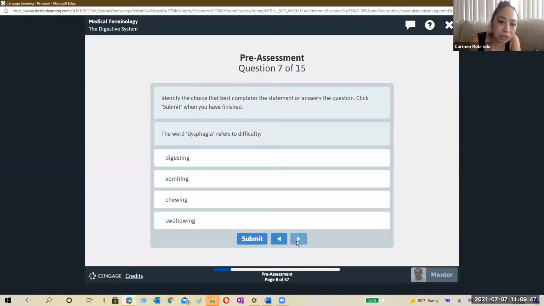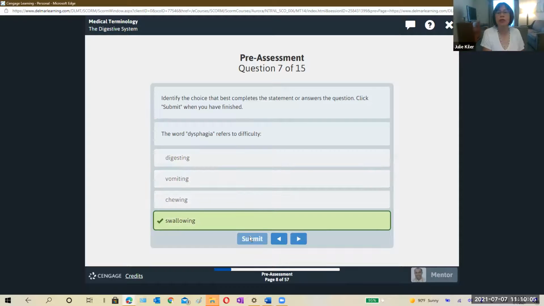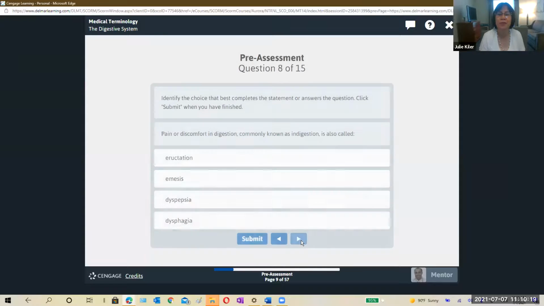The word dysphagia refers to difficulty digesting, vomiting, chewing, or swallowing. Dys was difficult, and then phagia was swallowing. Now, what do you call chewing? What is the medical term for chewing? Mastication. Yes, to masticate. Good job.